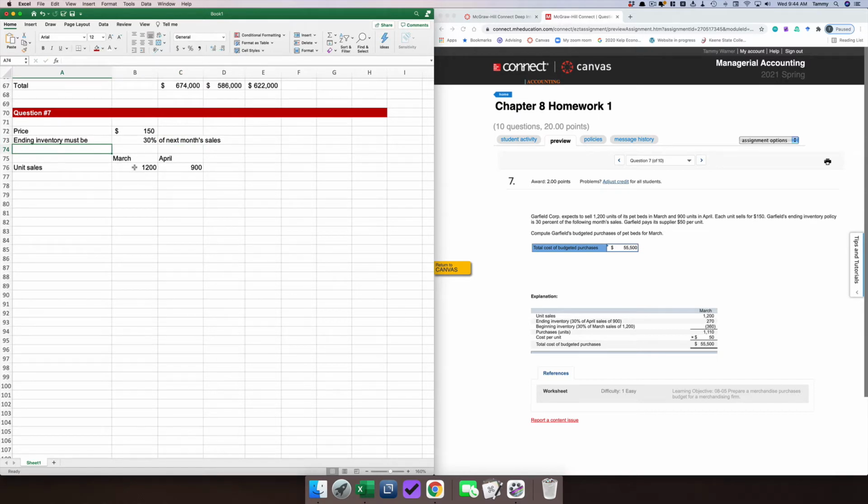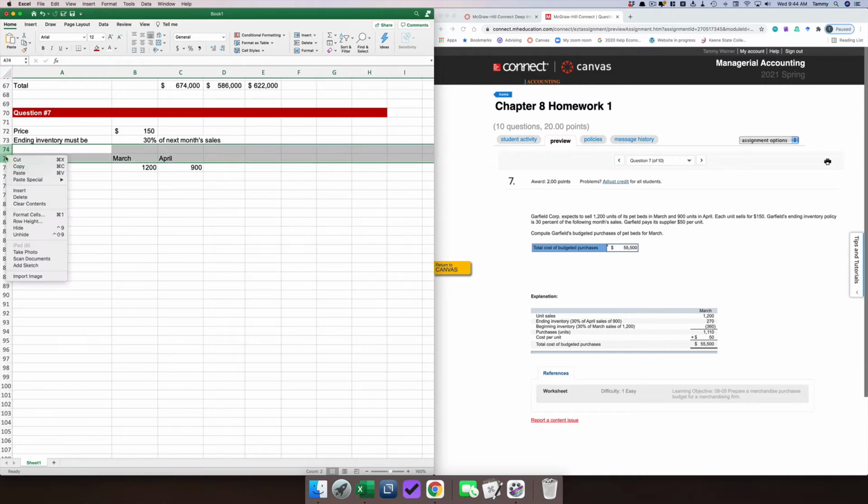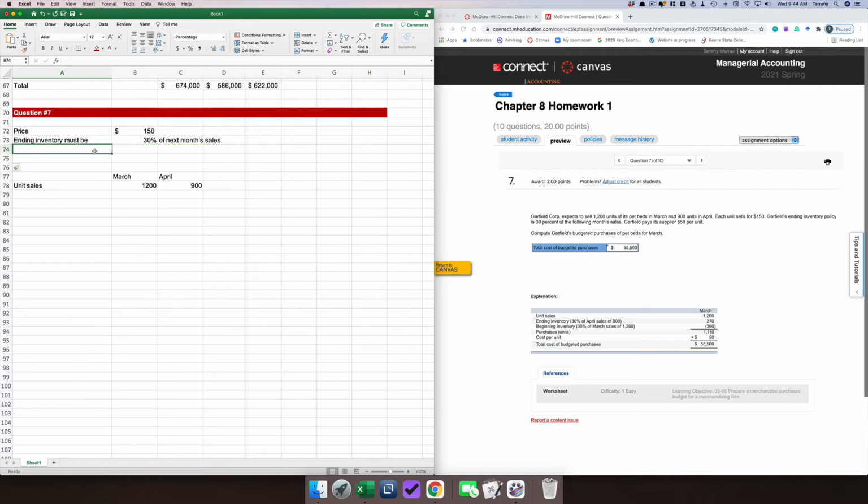So if they're ending March, they have to have enough on hand to be able to sell some in April. They can't just completely empty their shelves, right? So at the end of March, they have to have 30% of April's sales on hand. And then the cost of the inventory is $50 per unit.